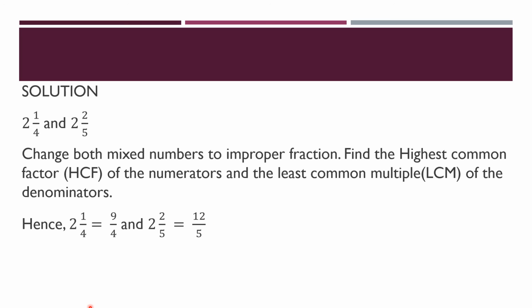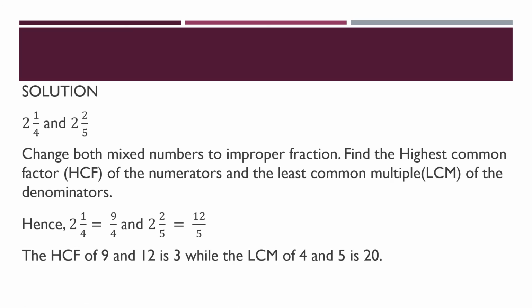So I'm going to find the highest common factor of the numerators, 9 and 12. The highest common factor is the highest number that can divide both of them without remainder, which is 3.